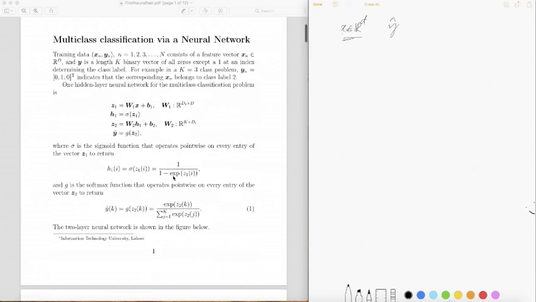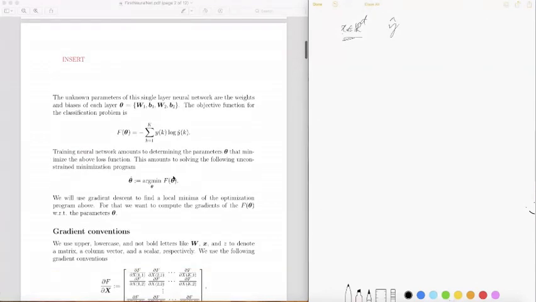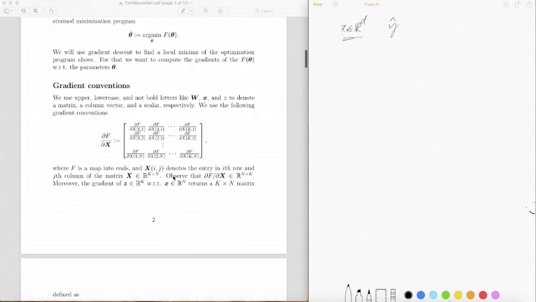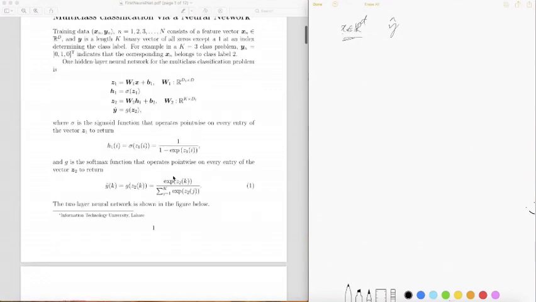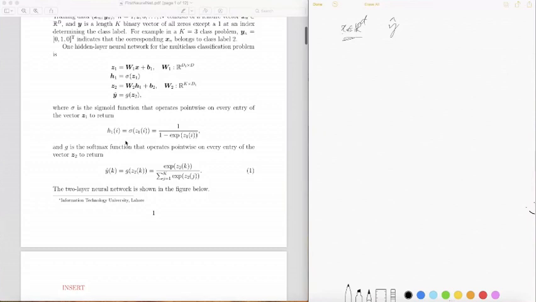So we went over the exact equations that define the outputs of each layer and the outputs of the neural network when you give it the input x. And then we trained this neural network by defining a cost function, which I will go over briefly.